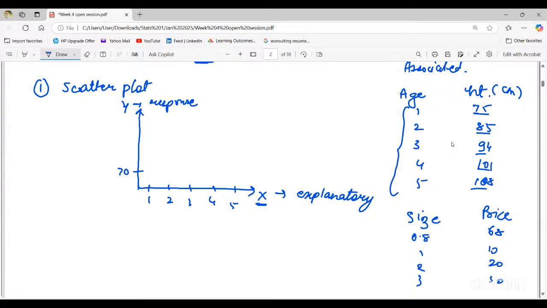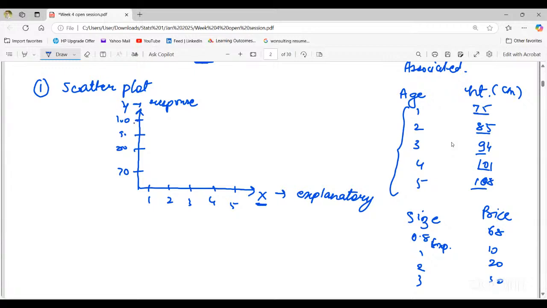So now tell me which is the explanatory and which is the response variable. The size is explanatory and the price is response. So my size is explaining the prices, correct? Now got the difference? Yes, ma'am.